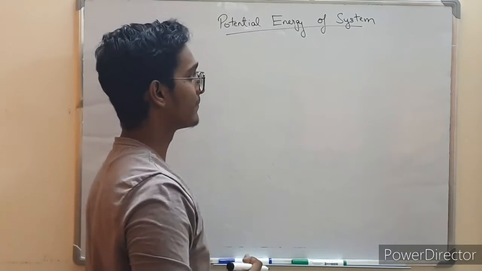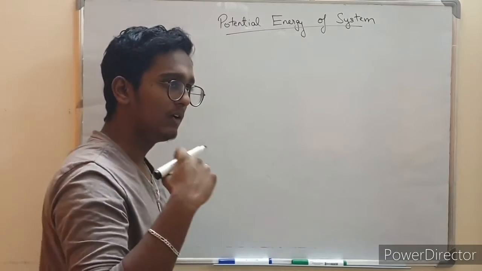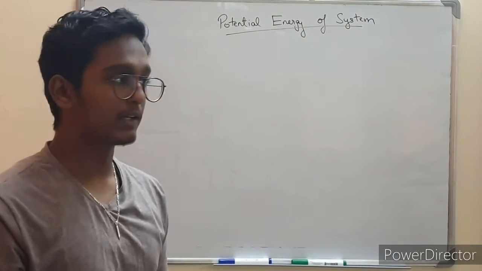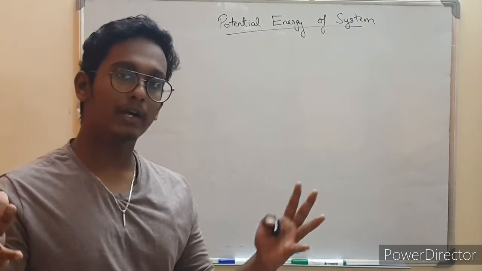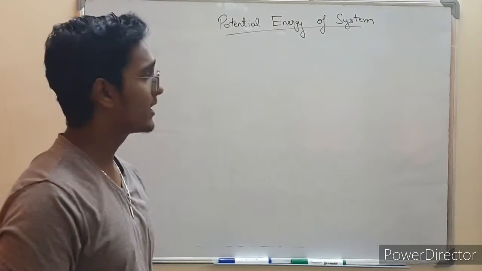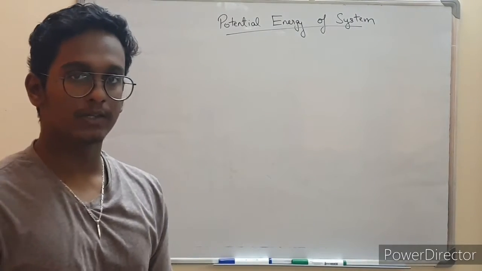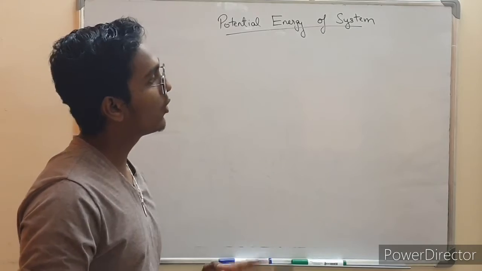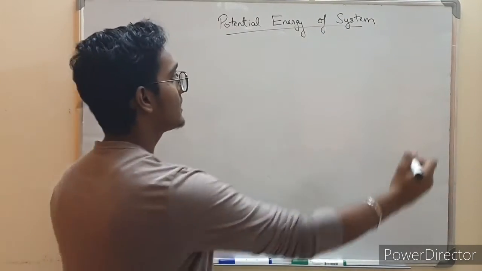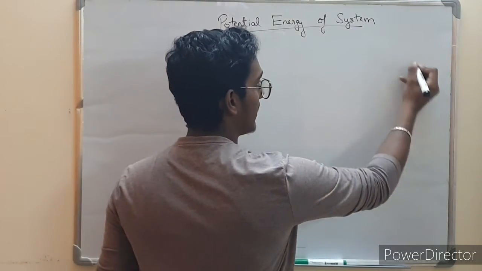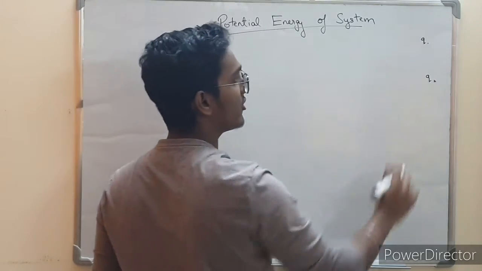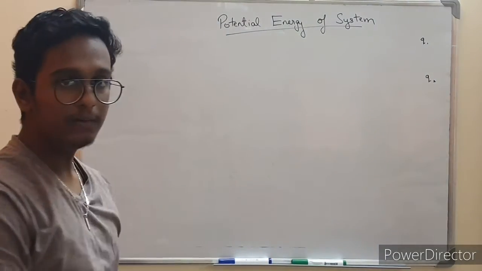So let's say we have to bring two charges. Let's first consider the simple case where we have to arrange two charges. Let's find out how much is the potential energy stored in the system. Initially, both the charges are at infinity. So let's say this is charge Q2, Q1. Both are at infinity. You have to bring them over here.